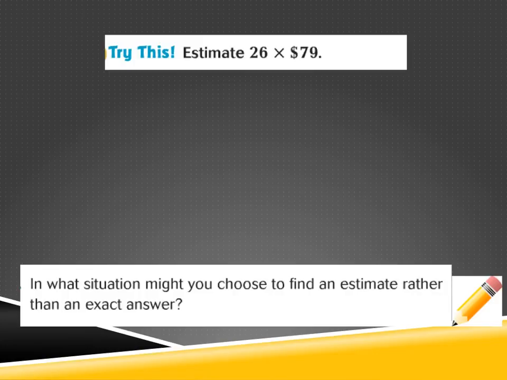So let's try this. Estimate 26 times 79. Let's do it using both strategies. Go ahead and copy down these examples and then answer the question on the bottom. To solve 26 times 79 using rounding, I'm going to write my problem up and down. 79 times 26. 79 is going to round to 80, and 26 will round to 30.